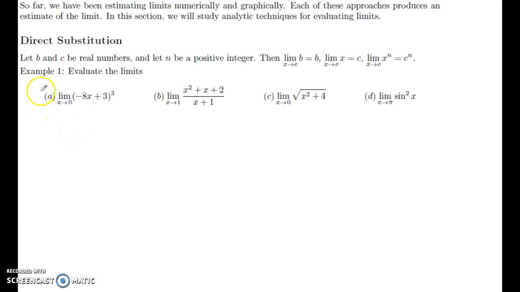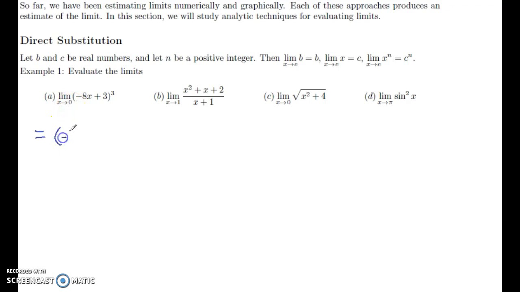So we evaluate part A, the limit of negative 8x plus 3, to the third power. Because it's a polynomial, it satisfies it having a constant, having a variable, and a variable raised to some power. Then we can just directly substitute 0 for x.